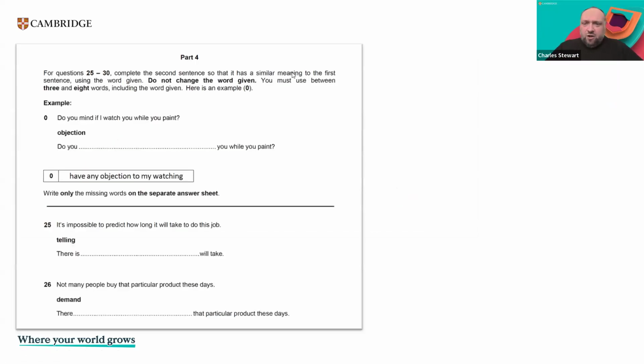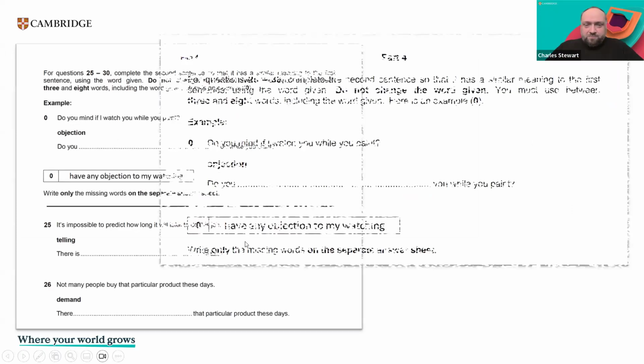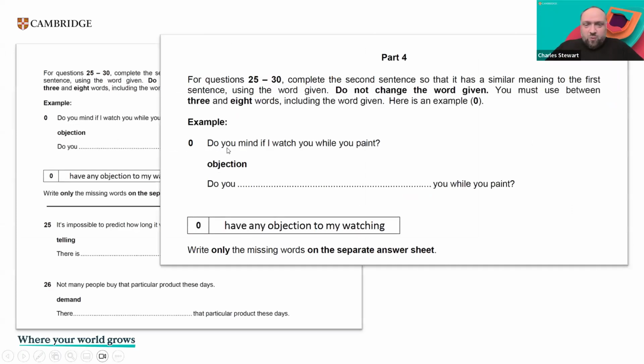Okay, moving right along to part four, everyone's favorite portion of the reading and use of English exam. So for part four, we can see here that we're given a sentence, and then here we're given another sentence with a gap in it.